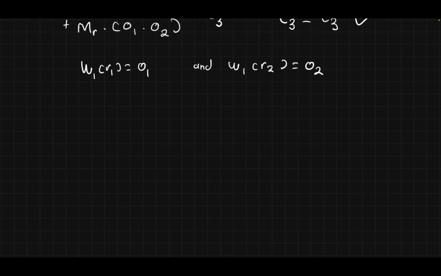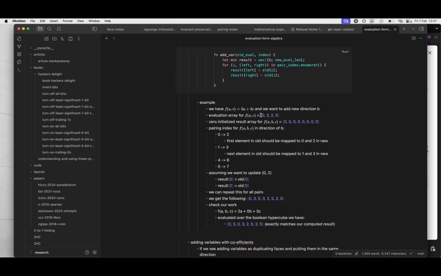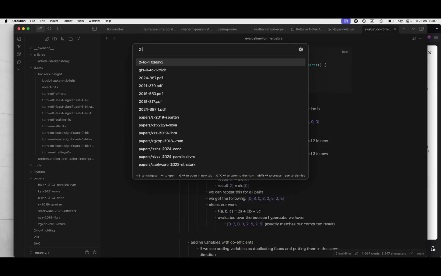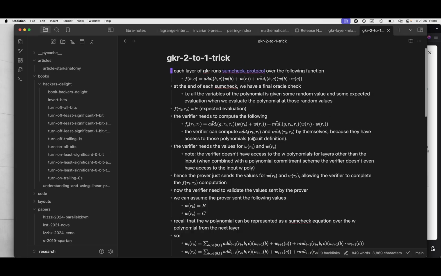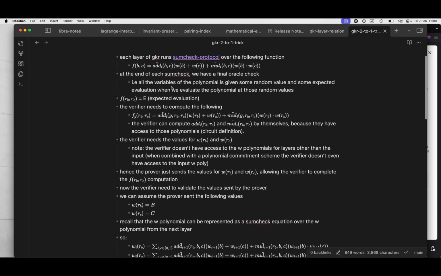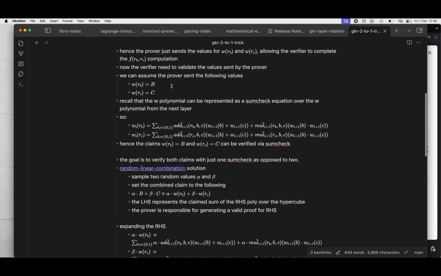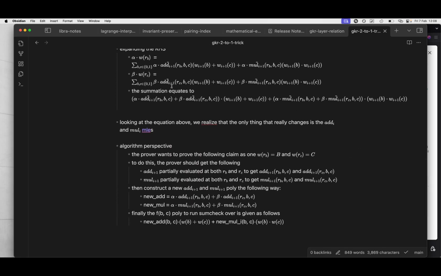I cannot even dare to teach you guys the 2 to 1 trick right now. This is a 2 to 1 trick. I'll send this to the group. You guys should attempt to understand it.